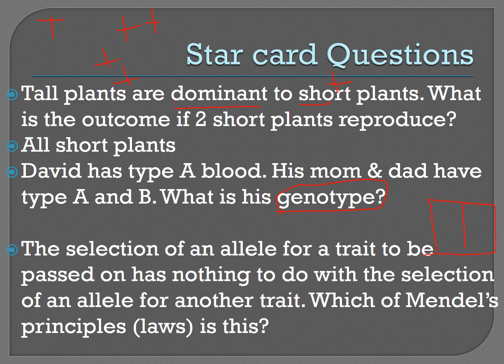So his mom and dad have type A and B. Once you do the pedigree, mom, dad, and he has A blood, it'll be like this.